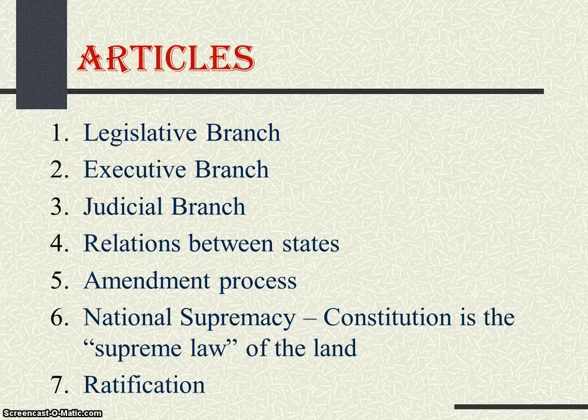The fifth article is the amendment process, or how the Constitution can be changed. The sixth is national supremacy, saying the Constitution is the supreme law of the land. Okay, you cannot, as the state of Texas, Virginia, Hawaii, whatever, establish some law that's going to supersede what the Constitution states. And then the 7th article is on the ratification or the approval of the Constitution.